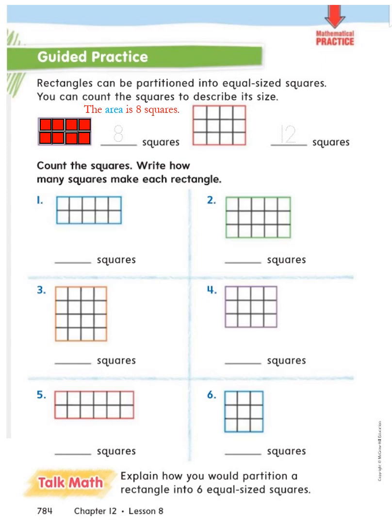So 8 squares make up this rectangle. We can also say the area is 8 squares. Okay, so that's how we're going to figure out how big that rectangle is, by counting how many square blocks we can put into it.